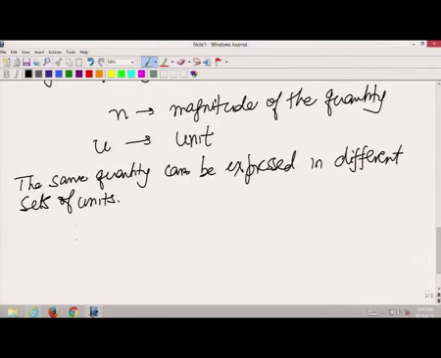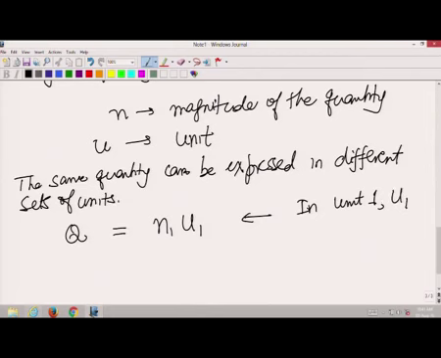So, let us say the quantity q, we write it as in unit 1, which I call as u1, the quantity q is measured and it turns out to be n1 in magnitude. So, we write it as n1 u1.